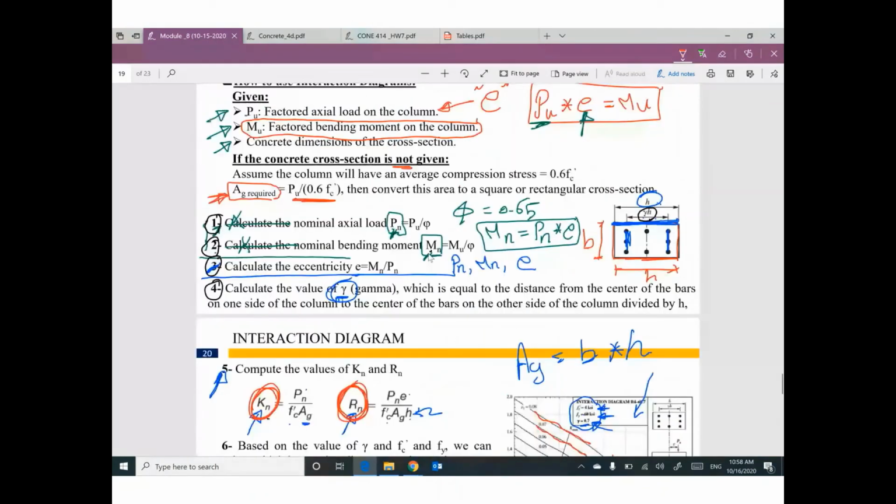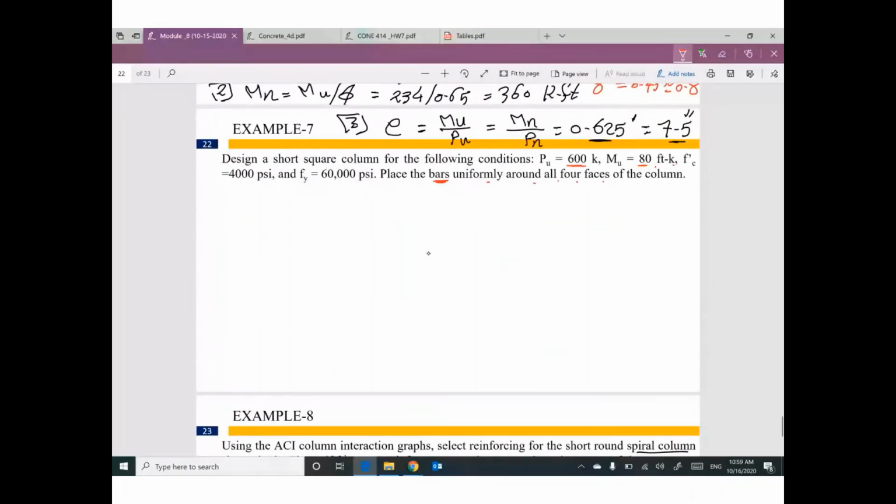If the concrete cross section is not given, I can figure out the area gross equal P ultimate divided by 0.6 F prime C. So first step, I need to figure out the column dimension. P ultimate is given 600.